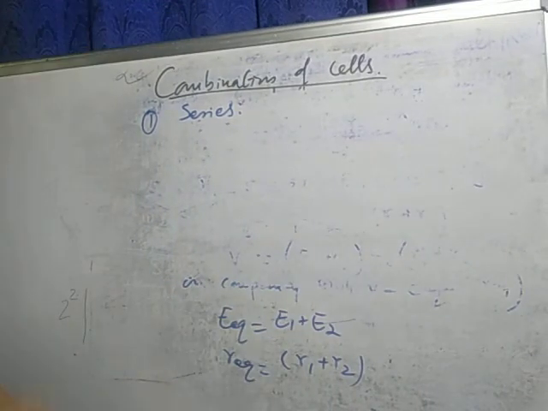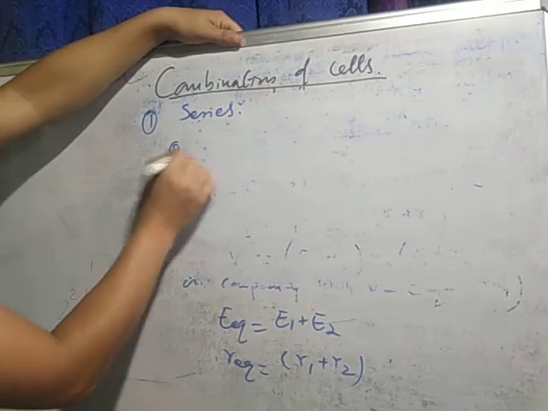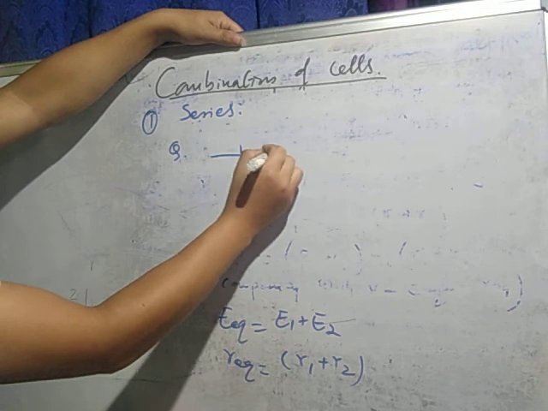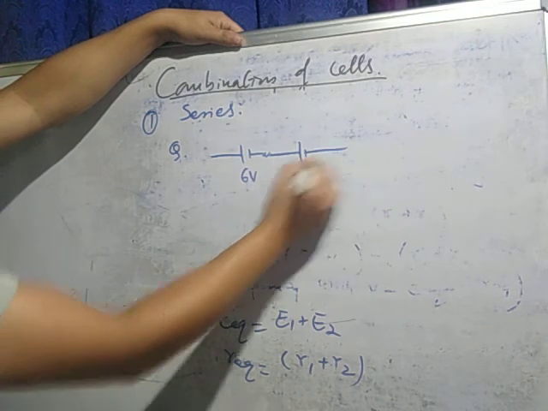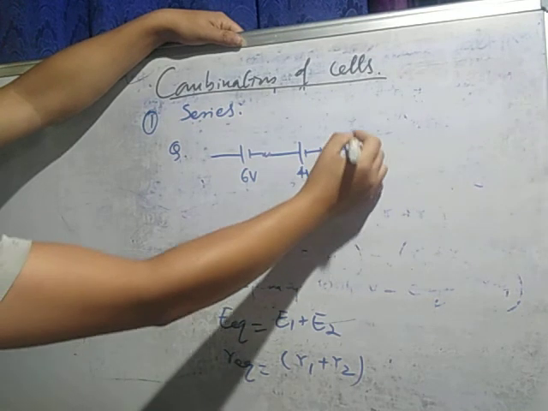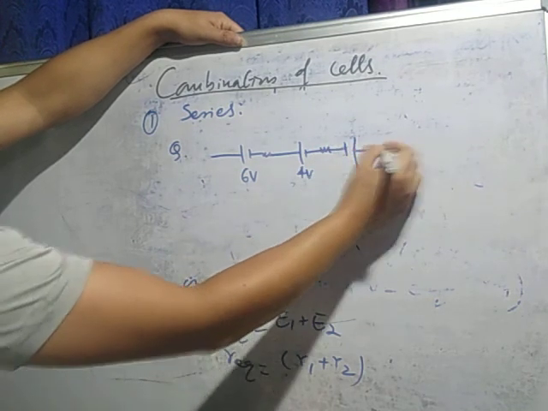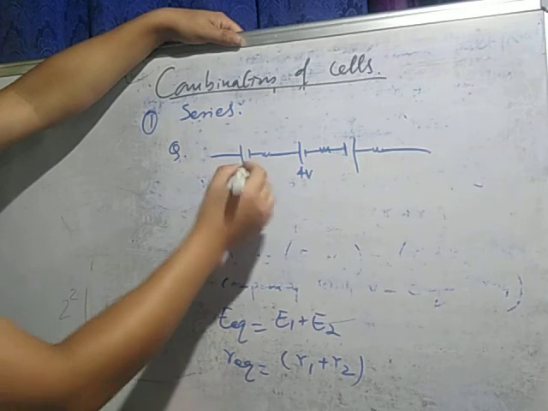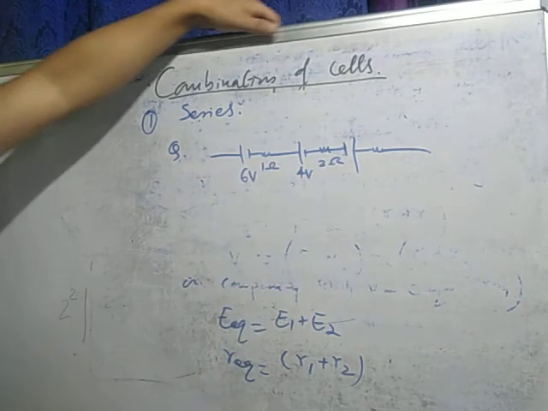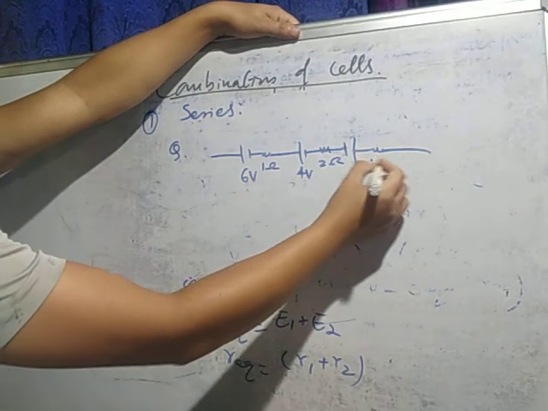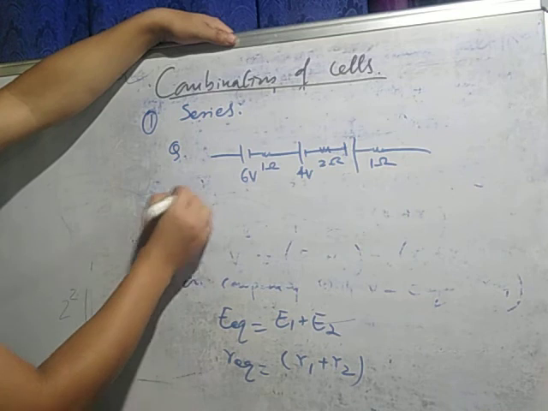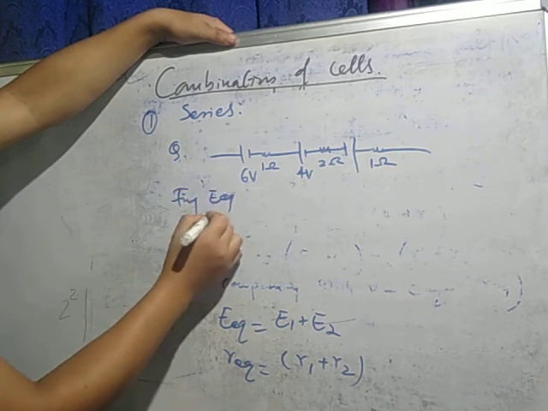First question: if I have a question like this, 6 volt, 4 volt, then 3 volt, with 1 ohm, 2 ohm, and this is also 1 ohm. Find E equivalent and R equivalent.